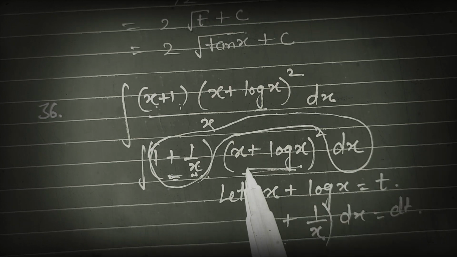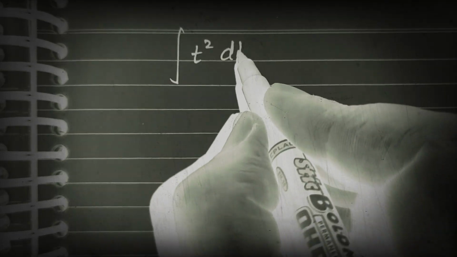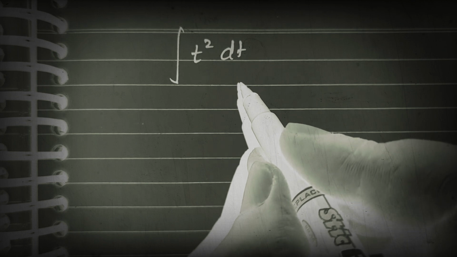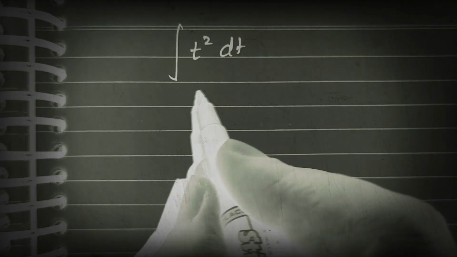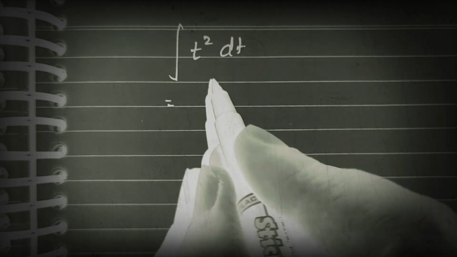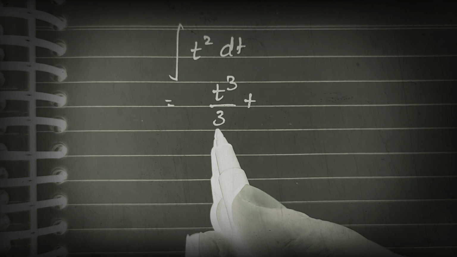This is dt and this is t square, because we have taken x plus log x as t. Now it is the integral of t square dt.